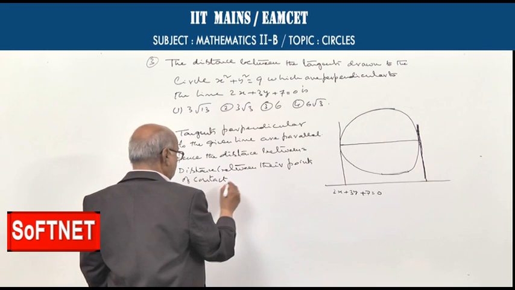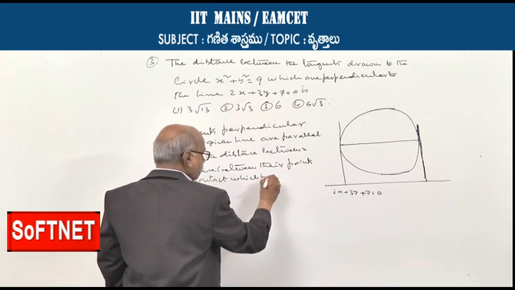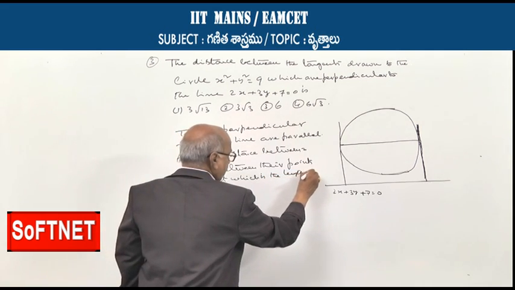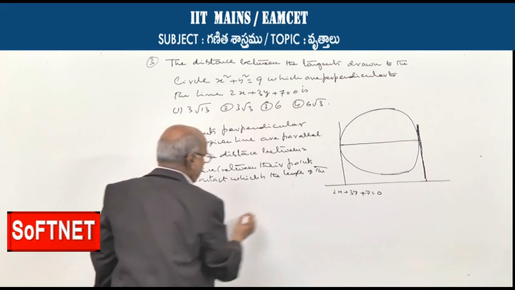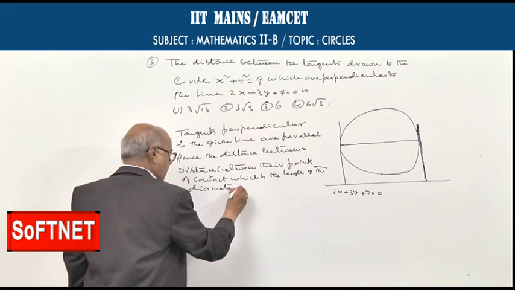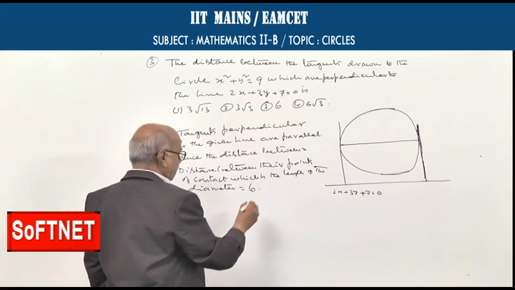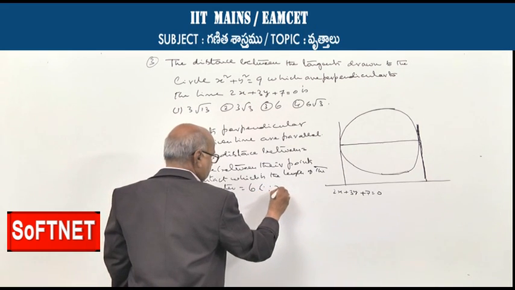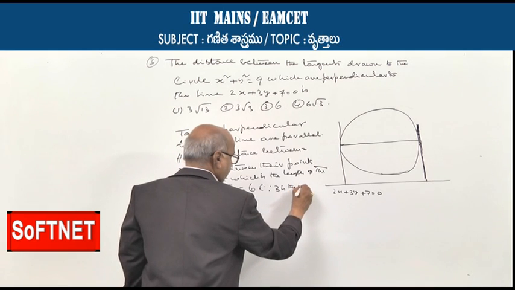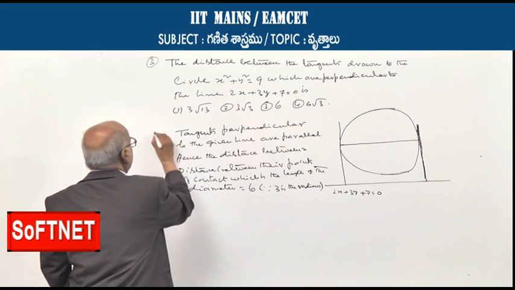Their points of contact, which is nothing but the length of the diameter of the circle, and which is 6, since 3 is the radius. So this is a shortcut method.